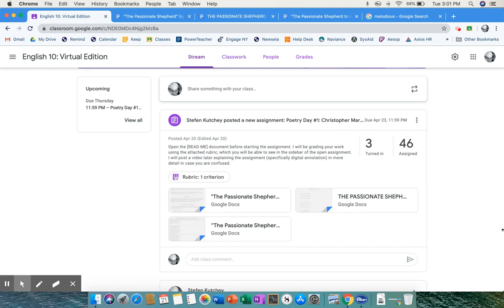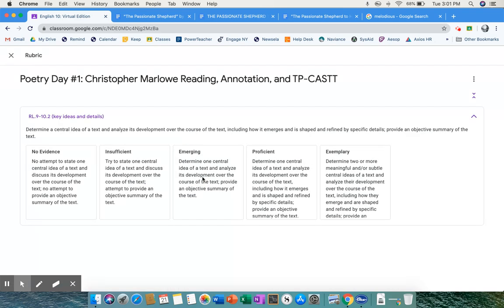Now I got a question. How am I going to grade you? So I'm going to grade you with rubrics. If you look here, there's a rubric. And this rubric goes over the same standard that I listed in the instructions. Basically, what is the central idea of the text, and analyzes development over the course of the text.